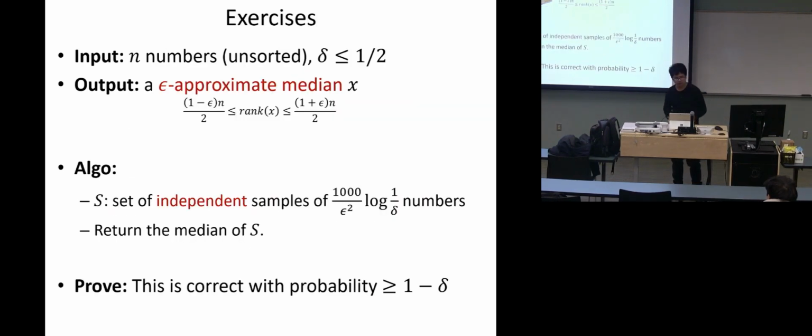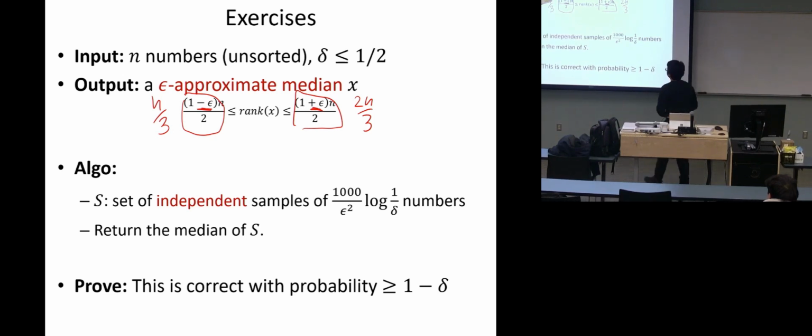Okay, good. You can try to do this at home, just make sure that you understand. Instead, let me say that now we want x to be very close to the median, like the rank is something like this. So instead of n over 3 and 2n over 3, you have epsilon here.